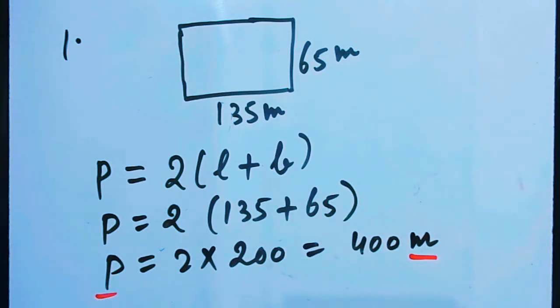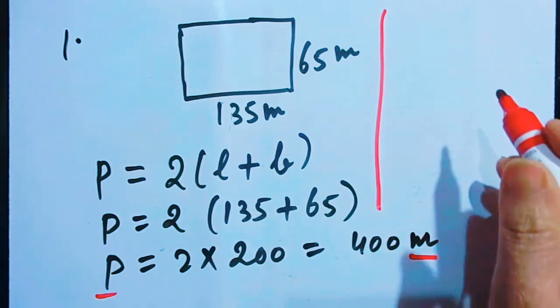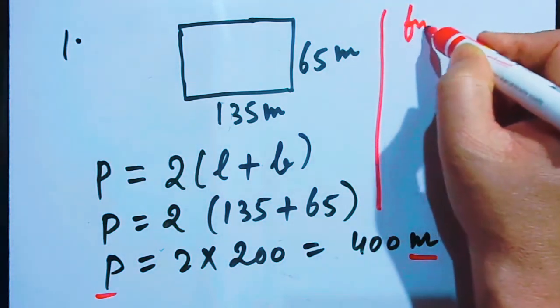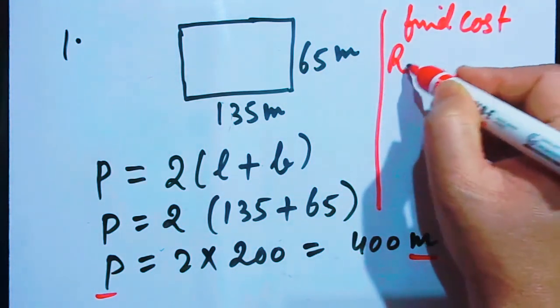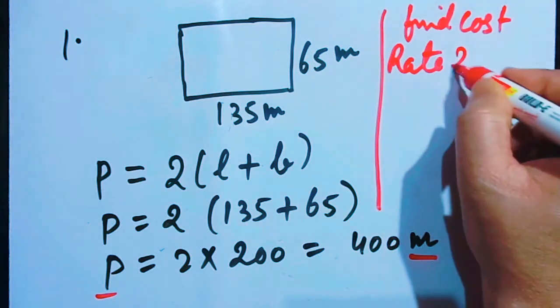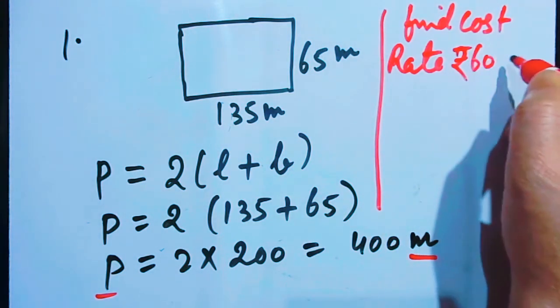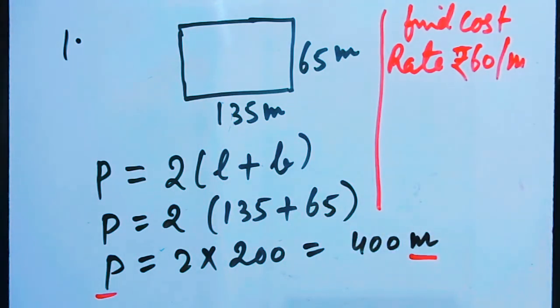Now they say that find the cost also. In the same sum they say find the cost when the rate is given. Naturally you can find the cost only when the rate is given, and they have given you the rate as rupees 60 per meter, meaning 1 meter costs rupees 60.